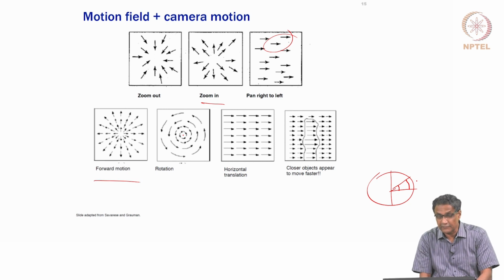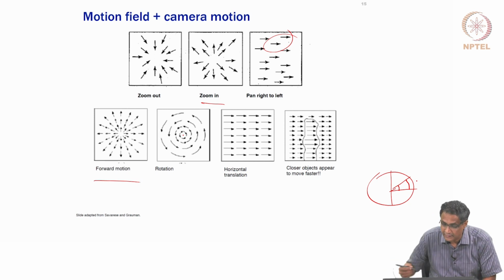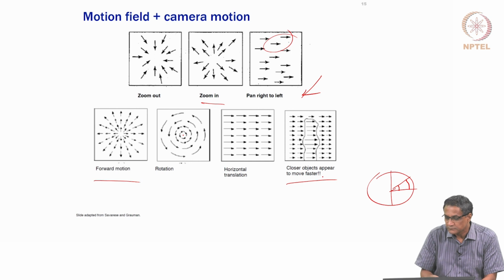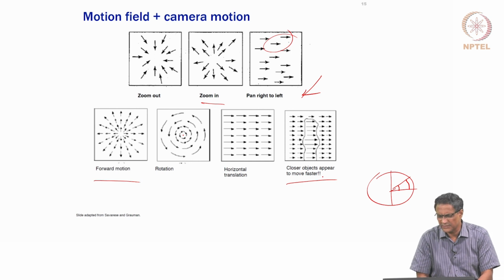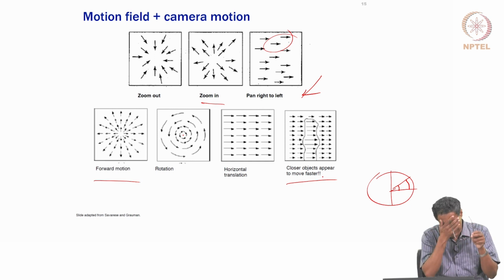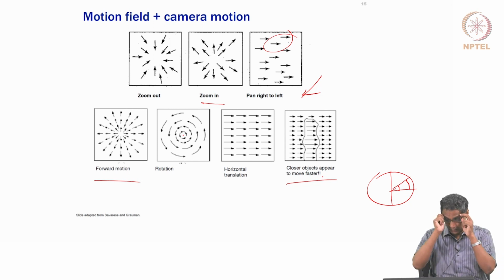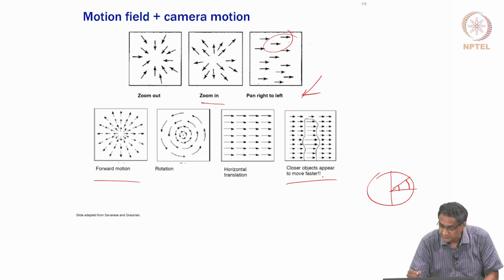Then the next case is that of a horizontal translation. This is something similar to the previous one, but the interesting thing is, suppose I asked you: is this a camera motion or multiple objects moving?